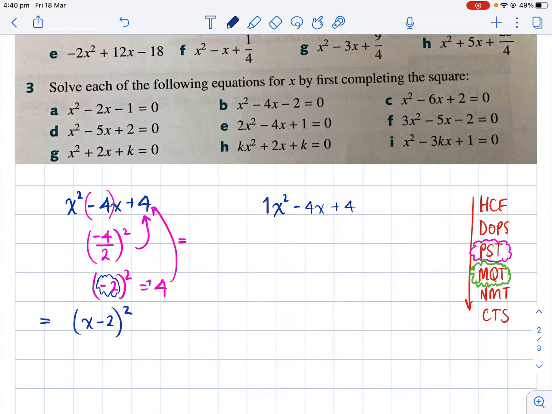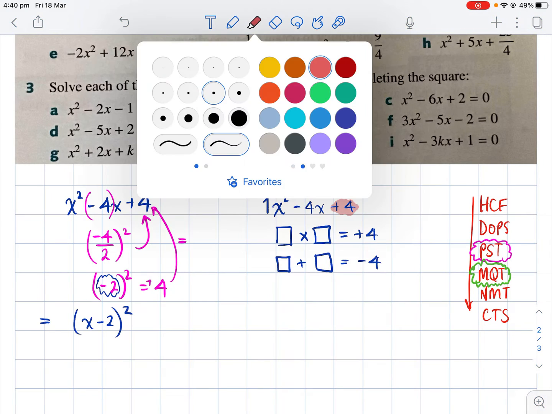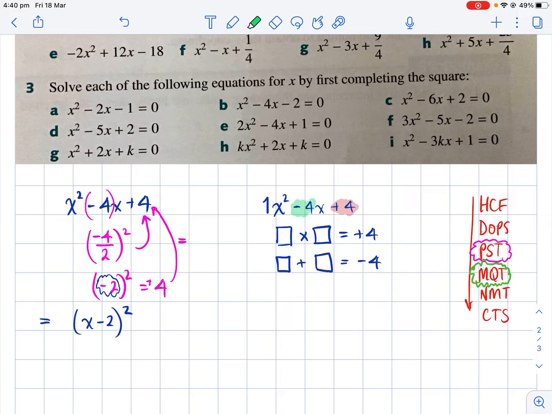And my monic quadratic trinomial process for factorising is I look for 2 numbers that multiply to equal positive 4, to equal that value on the end of the expression. And I need the same 2 numbers to add to equal negative 4, to equal that middle term in the expression.